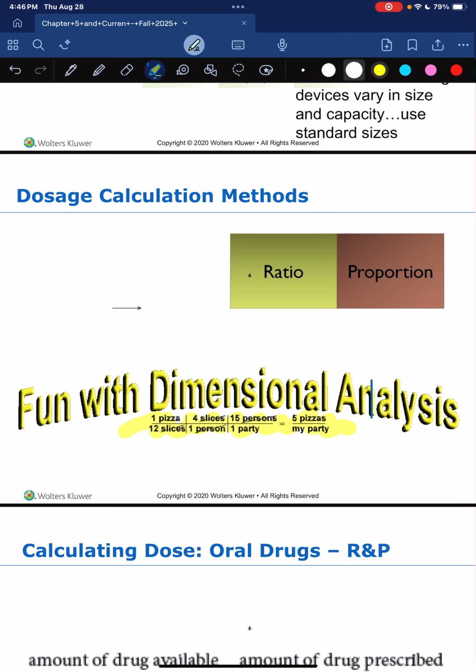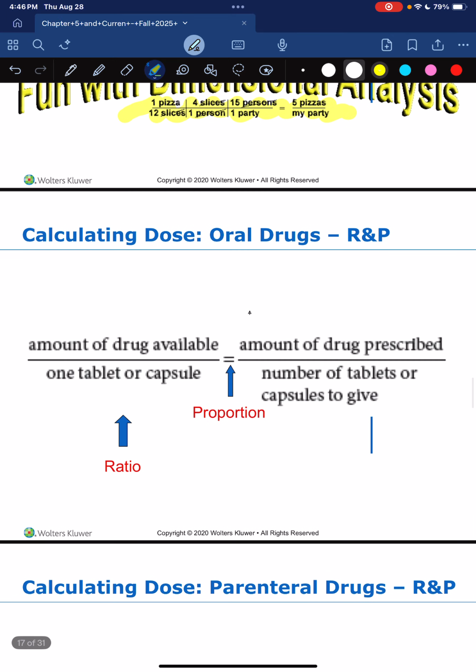The ratio proportion method, which takes a look at how you can make two sides of an equation equal one another, is very useful if you have simple calculations. And so, if you have something simple like there's 100 milligrams in a tablet and 50 milligrams was prescribed, you can set it up like this as a simple ratio and proportion.